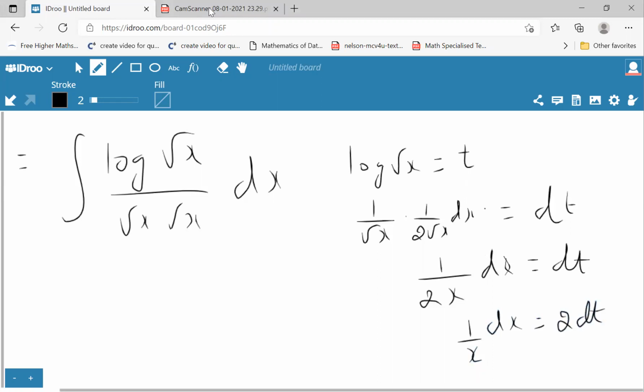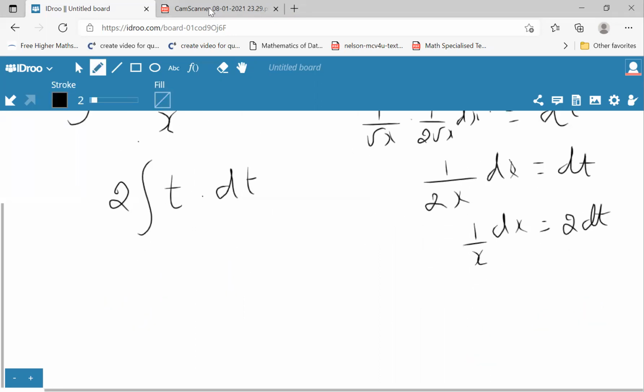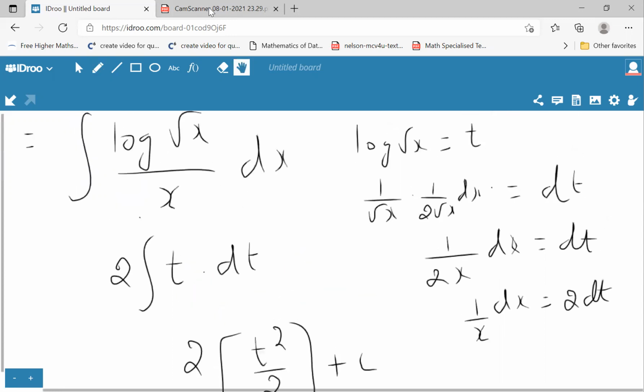Now in the place of dx by x, I can write 2 dt. And in the place of log root x, I can write t. So that now becomes t into 2. Let me take 2 outside. So 2 integration of t dt. On integrating, you get 2 into t squared by 2 plus c. What did we take t as?